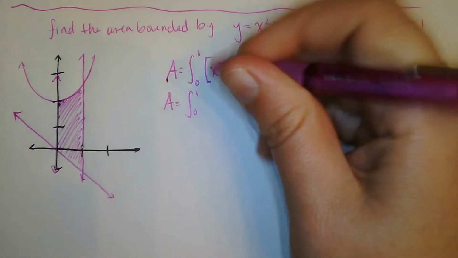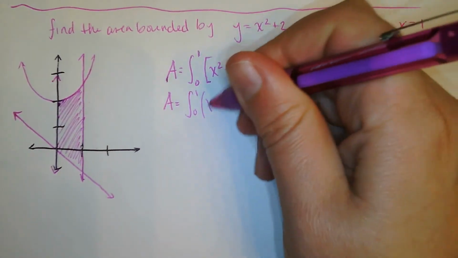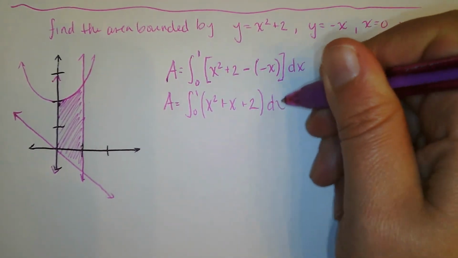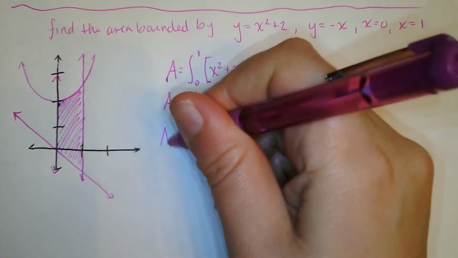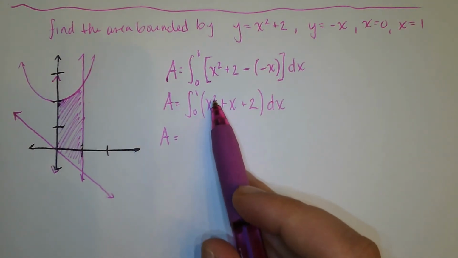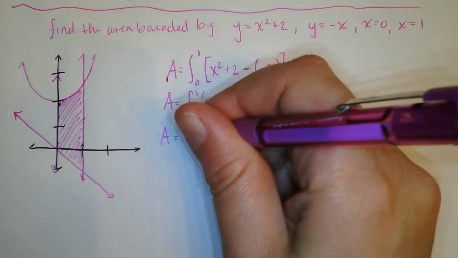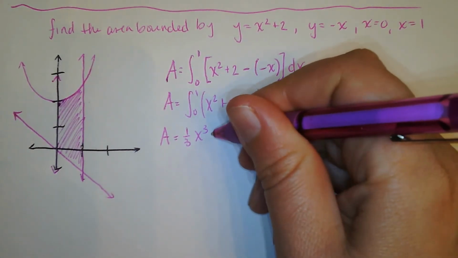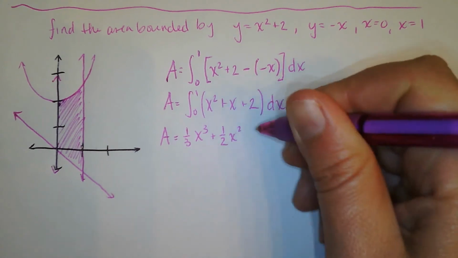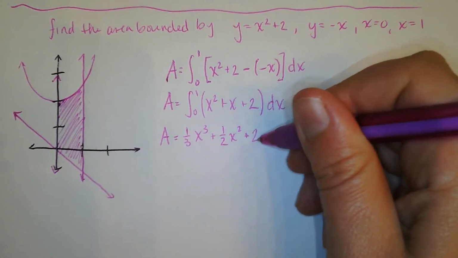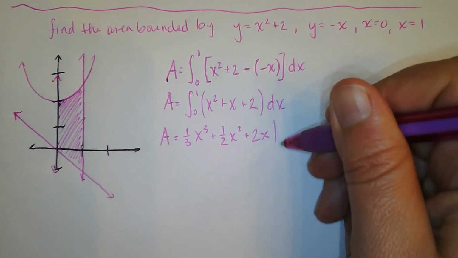From 0 to 1 of x squared plus x plus 2. And when we integrate that, we add 1 to the exponent and take the reciprocal. So 1/3 x cubed, 1/2 x squared, and 2x. And that's from 0 to 1.